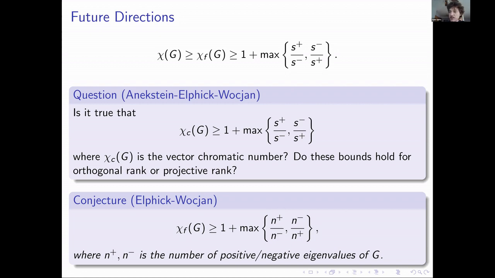This possibly suggests that instead of using these weak association schemes, if you could prove this using our approach, you'd have to use genuinely the full power of the Johnson scheme for this to go through. And it's plausible that something like that could work out.